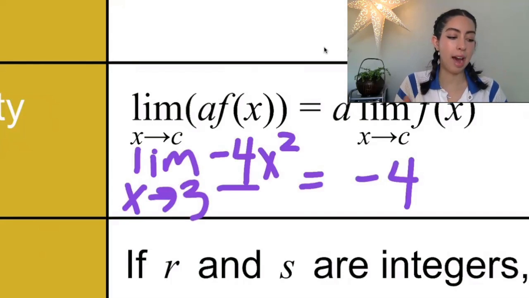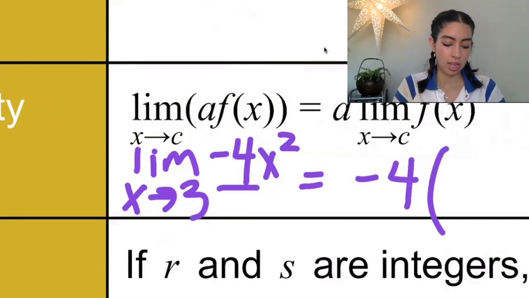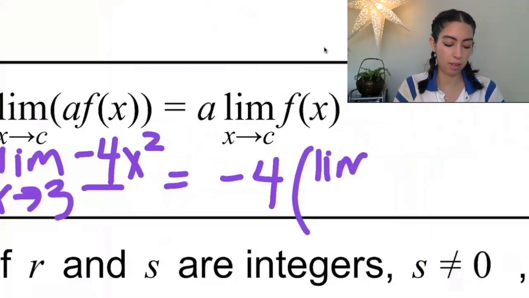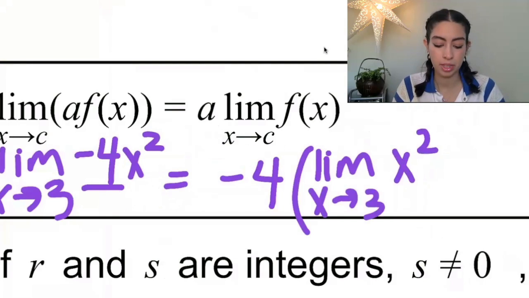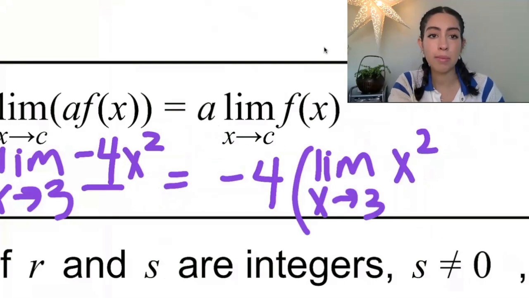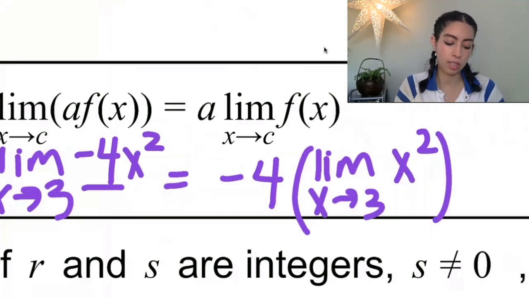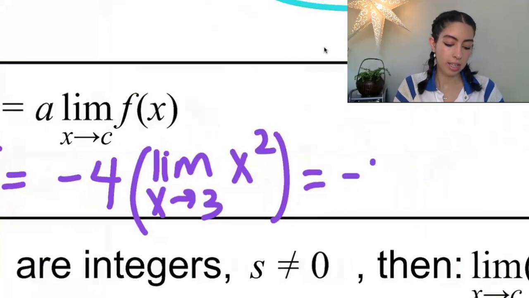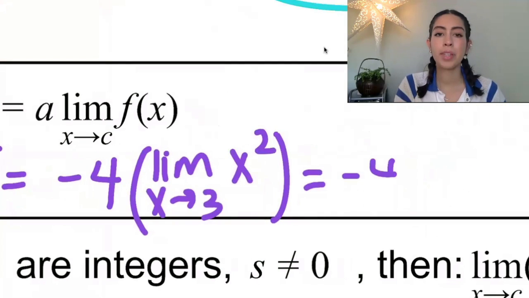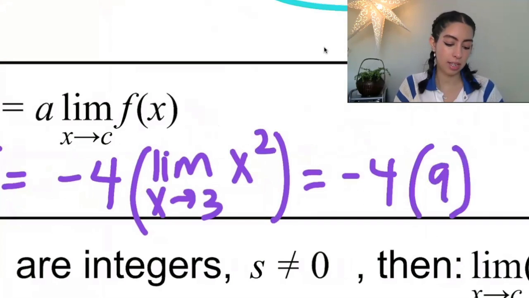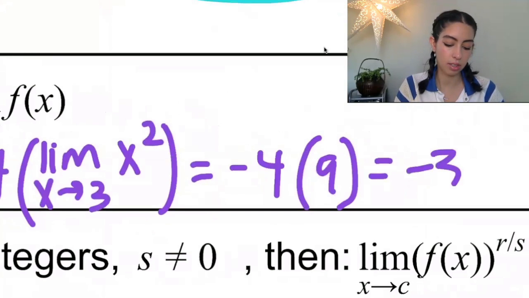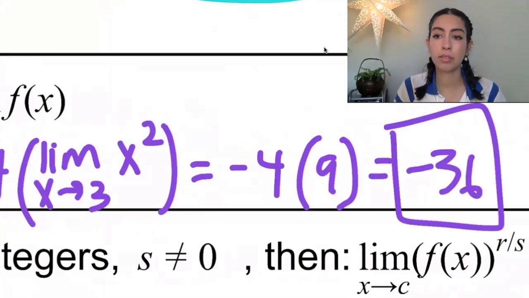We will pull it out in front and we'll have the limit as x approaches 3 of only x squared. And then once we find that limit, we just multiply it by the -4. So in this case, we'll do direct substitution. That will give us 9 for the limit. And then -4 times 9 is -36. So that will be the solution there.